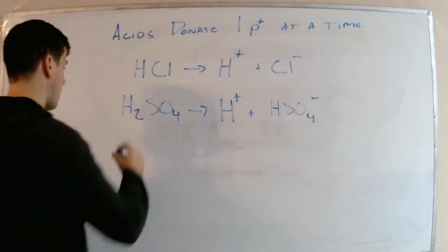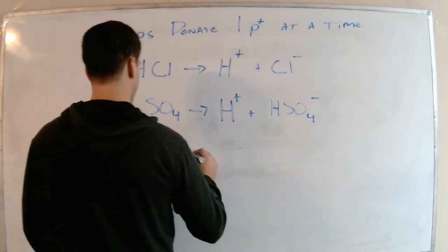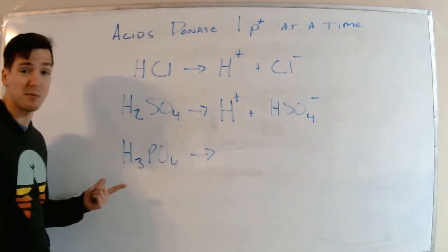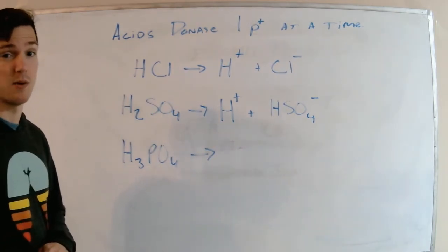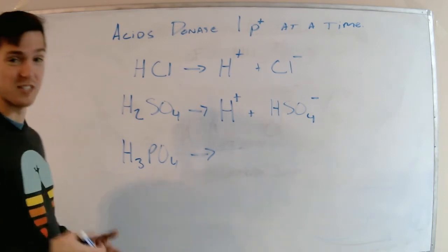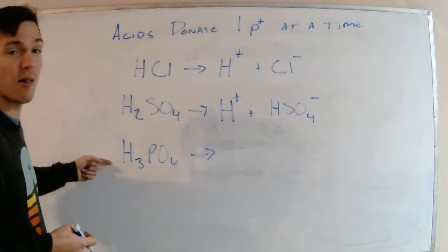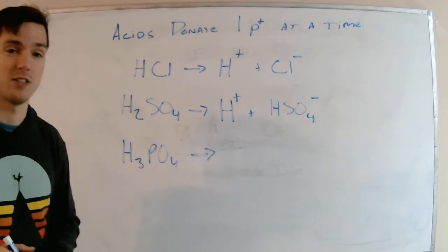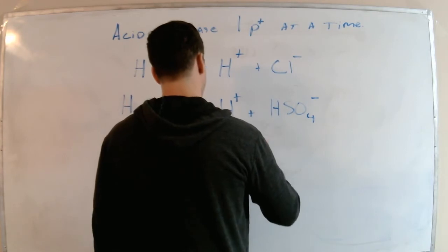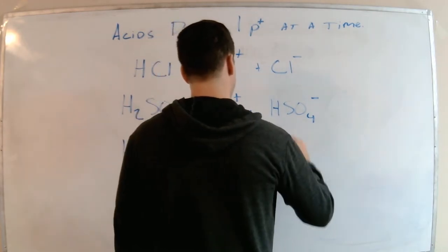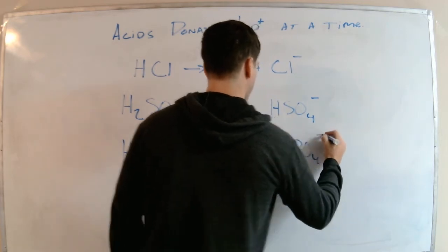Now let's look at a polyprotic acid. Something like H3PO4. It's polyprotic because it has multiple hydrogens, more than one or two, it's got three. So monoprotic, diprotic, polyprotic. But again, it only donates one hydrogen at a time. So it's going to get rid of its H+, and it is going to form H2PO4-.